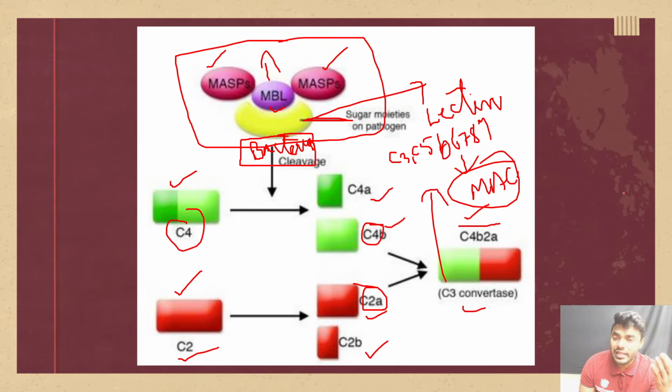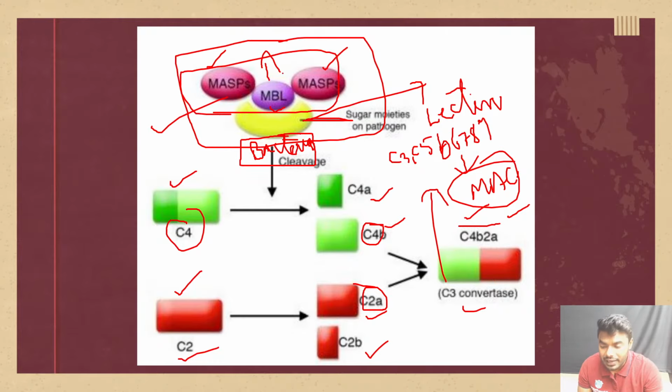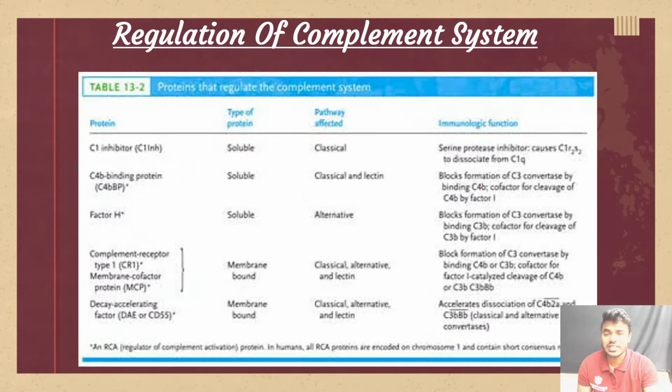Similarly, in the lectin pathway also we form the MAC complex, but with the utilization of the mannose binding lectin and with the help of its associated proteins. In every pathway, formation of the MAC complex is the ultimate goal of the complement system.